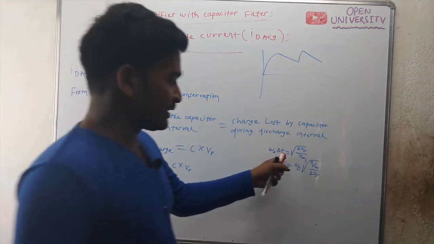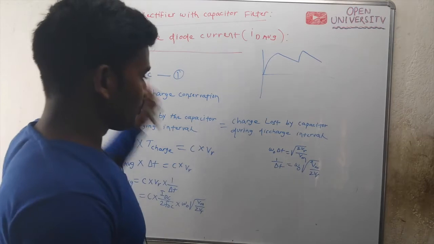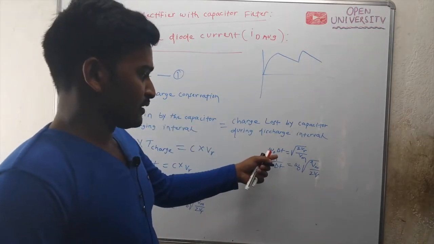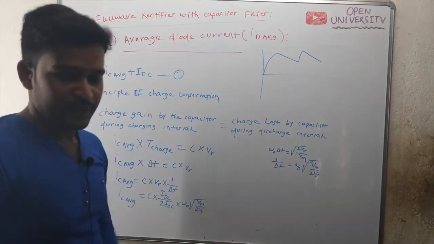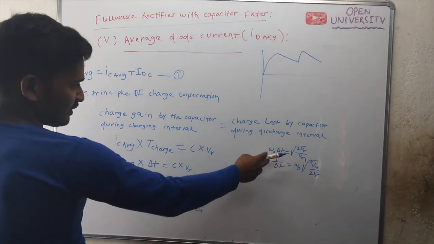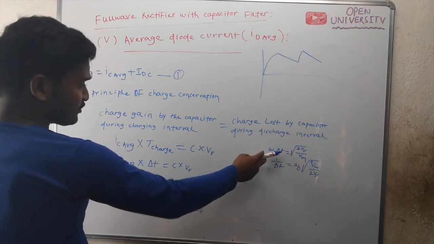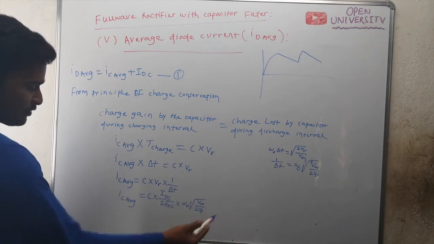This omega naught delta T formula I will derive now. I left it in the fourth point. I will be deriving it. So the formula remains same as the half wave rectifier with capacitor filter. This omega naught delta T is nothing but angle of conduction and delta T is your conduction interval.